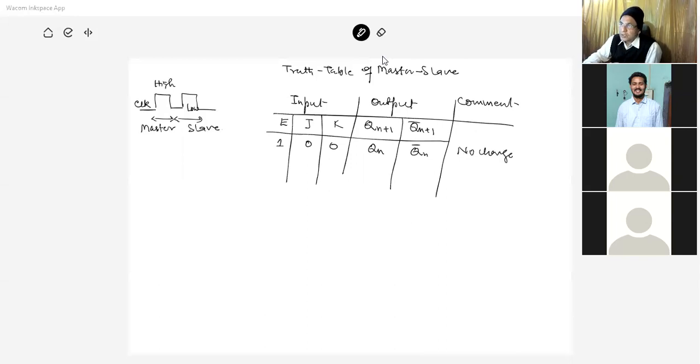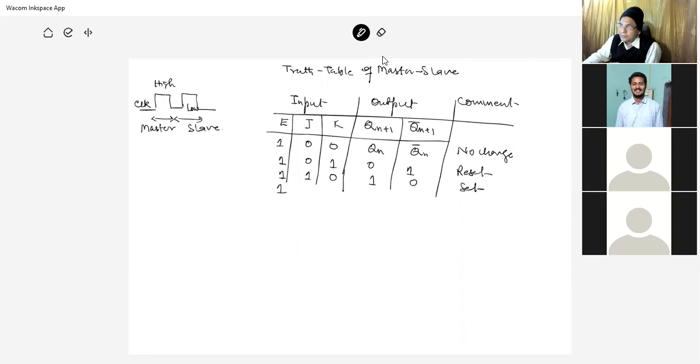And if it is 1, here it is 0, this is 1. So Qn is 0 and this is 1. It is reset. And this is 1. Here it is 1 and K is 0. Then it is 1 and 0. Then it is set.